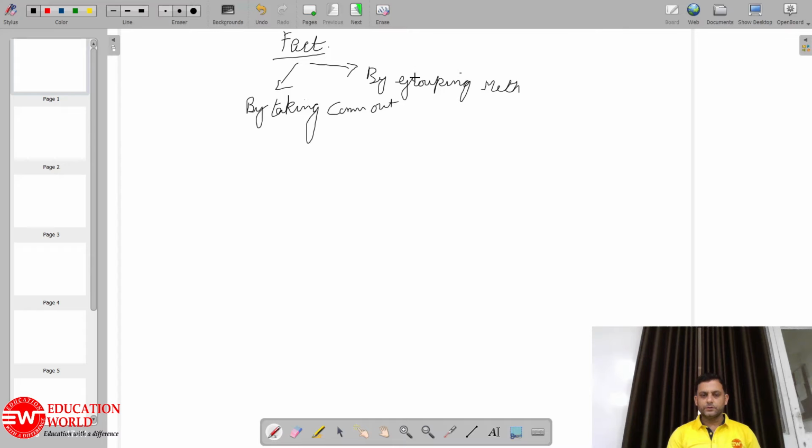Now both of these we are going to combine in our third one, that is the splitting method for trinomials.